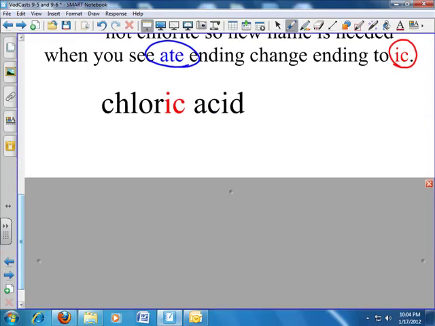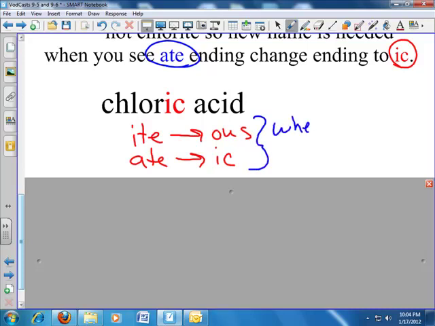So ITE endings of polyatomic ions become OUS, and ATE endings of polyatomic ions become IC when you are naming acids. This is when a hydrogen is involved.